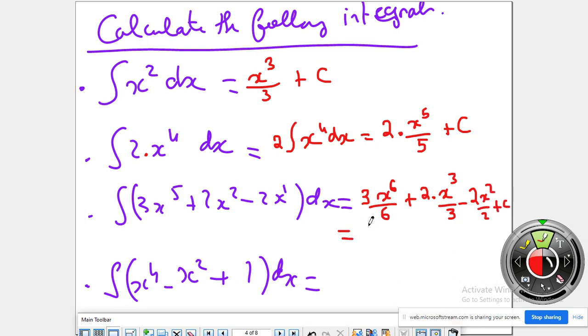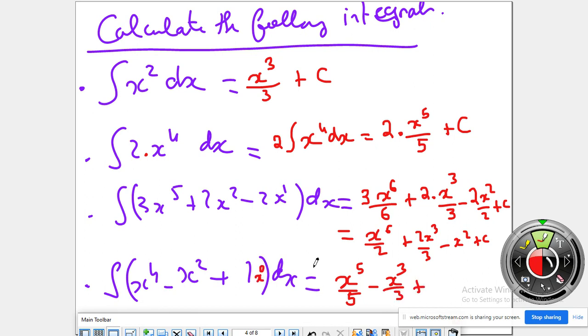And then the answer فيني أعمل simplify مثل for example here by 3 بتصير x3 x6 over 2 plus 2x3 over 3 minus x squared plus again the same I have x4 يعني شو بدها تصير x5 over 5 minus x squared يعني minus x I add 1 x3 over 3 plus 1 شو يعني plus 1 يعني كانوا plus x exponent 0 يعني بدها تصير plus 1 times x1 يعني x over 1 يعني x plus c.